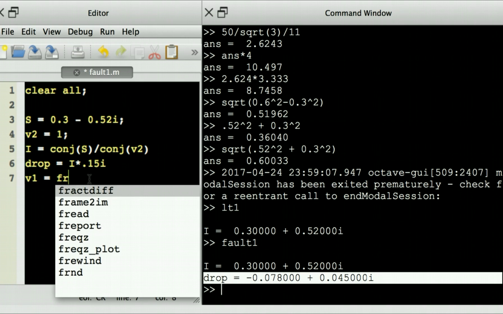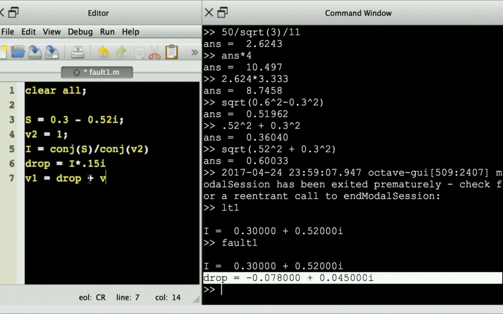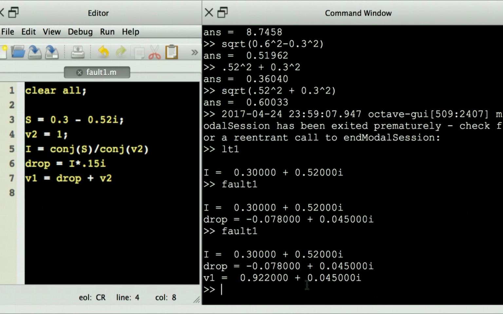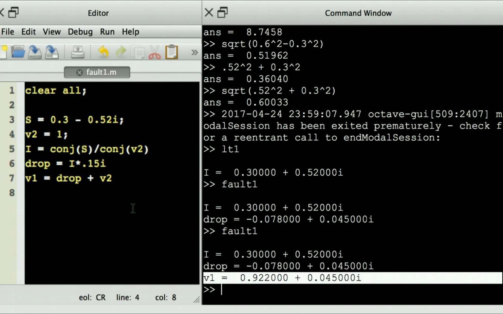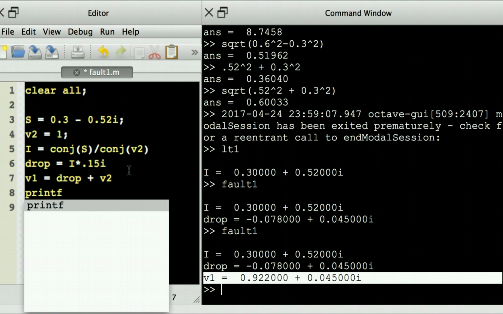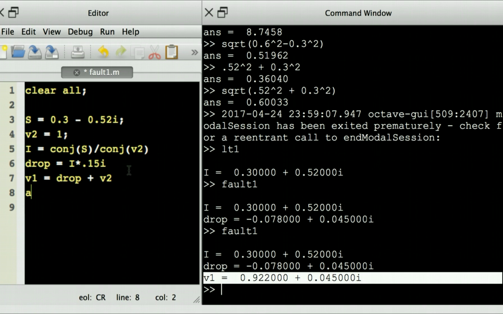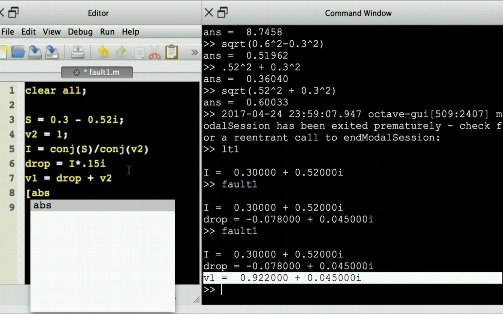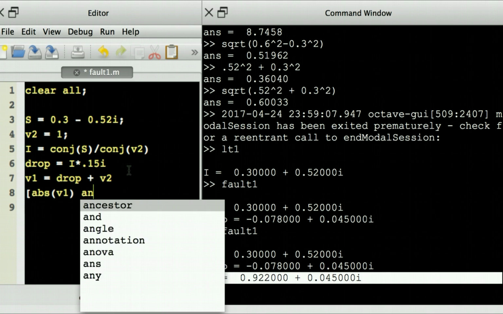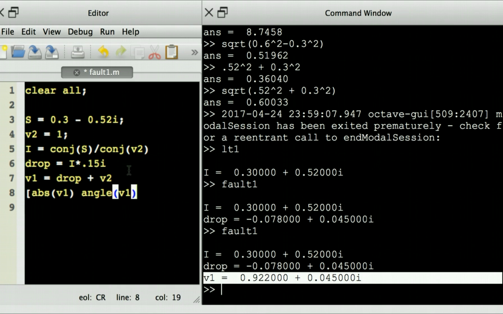And then finally I'll find out V1. V1 equals drop plus V2. So finally I'm getting V1 like this, and let me also get the absolute value of V1, and the angle of V1 times 180 divided by pi.